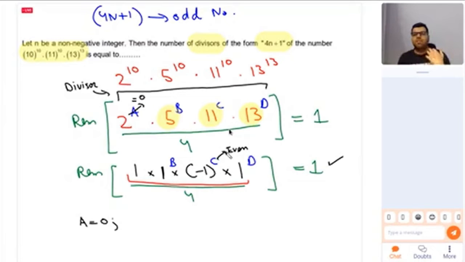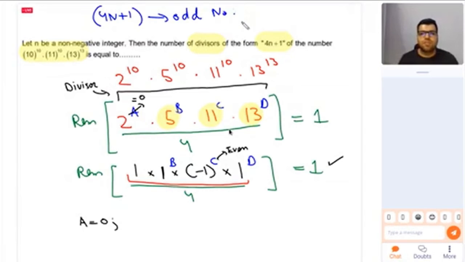With 4, we see that a remainder of minus 1 is equivalent to a remainder of 3. So if C was odd, the number would have been of the form 4n plus 3, giving a remainder of 3 with 4. But we don't want that. We want the 4n plus 1 form. I have elaborated it for you, although when you are solving it, you can do it in 2 minutes only.